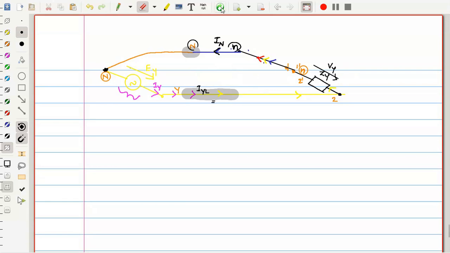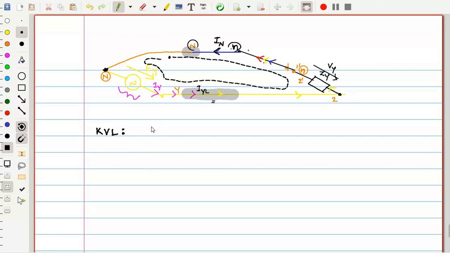Now VY is equal to EY. Let me write directly from the KVL. So let me put up the path also. Start here and just move on through this path and write down the KVL. If you write down the KVL for this portion, VY phasor is equal to EY, and EY we know is E at an angle of minus 120.